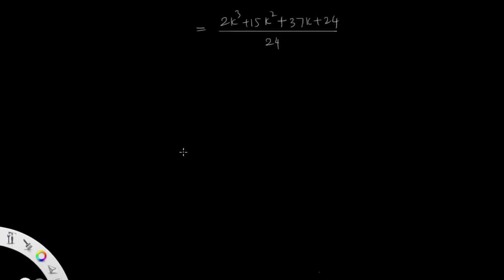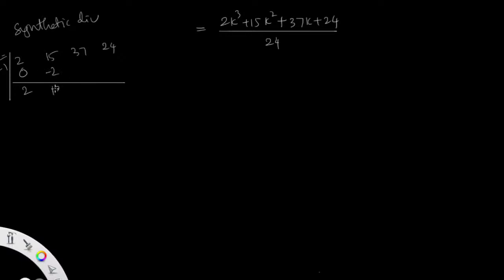Here also you got a cubic equation. For a cubic equation, solve by synthetic division. So write the coefficients 2, 15, 37, 24. Put k plus 1 equal to 0, which means k equal to minus 1.